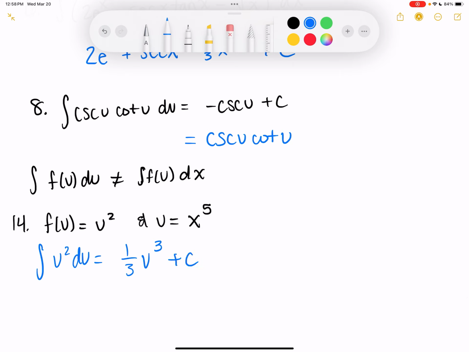Now we are going to replace u with x to the 5th. So this will be 1/3 x to the 5th cubed. And so that ends up being x to the 15th over 3 plus c.